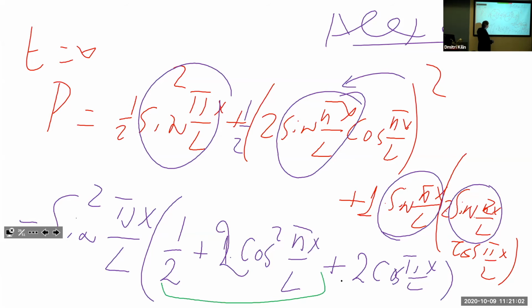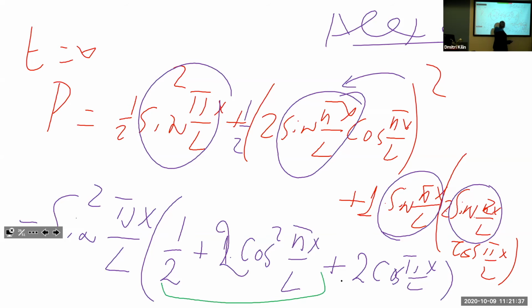One can expand the sine of double argument as 2 sine times cosine, right? And then here is the square, so we will have sine squared and cosine squared. And in the last term, we have sine of double argument, which we can also open as sine of the single argument.